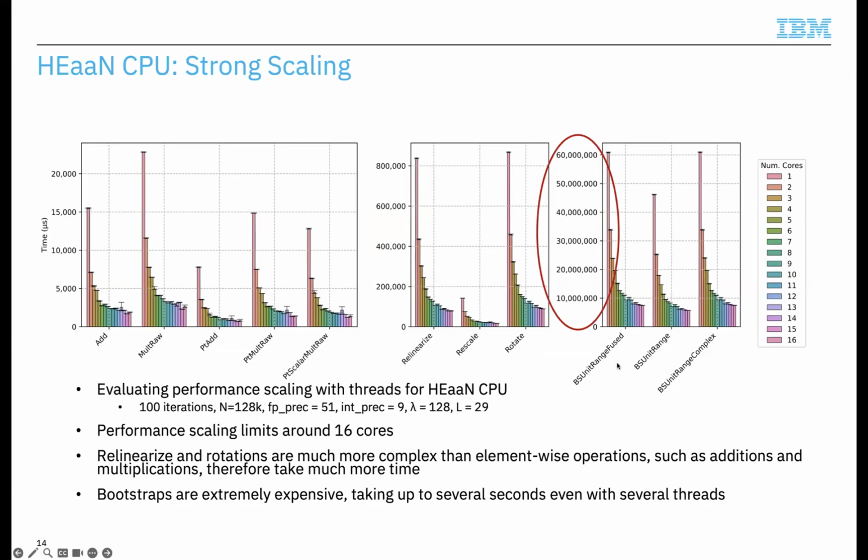But then relinearize and bootstrap are composed of these lower level primitives, along with other operations. So you can think of these as kind of macro primitives. But these are indeed very expensive. So you can see this takes up to seconds on a real processor.